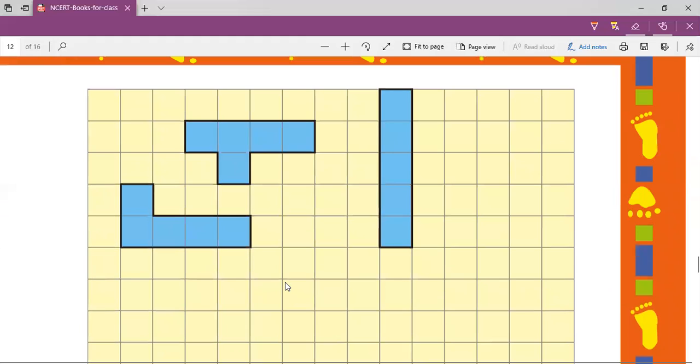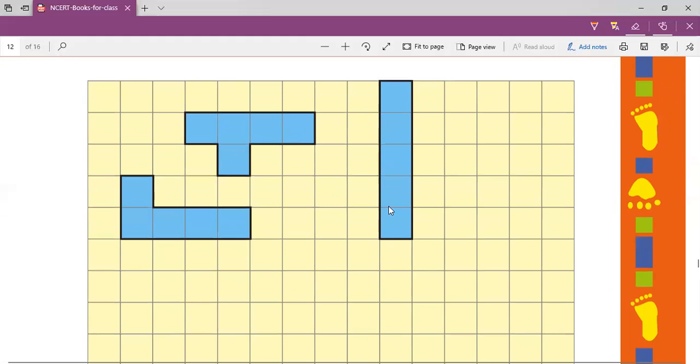This is the square grid, and they have drawn some shapes on this page which contain 5 squares. If you see, this also has 5 squares.